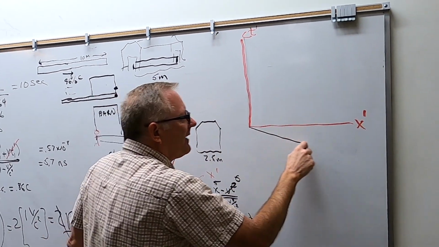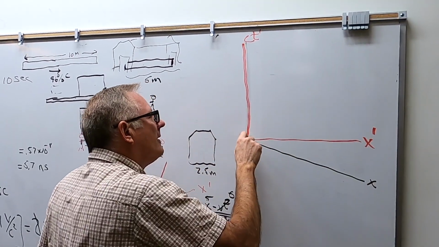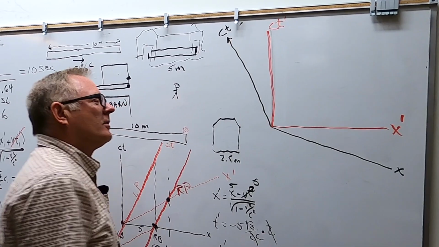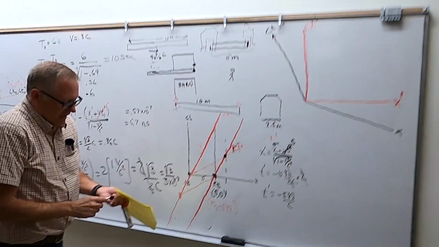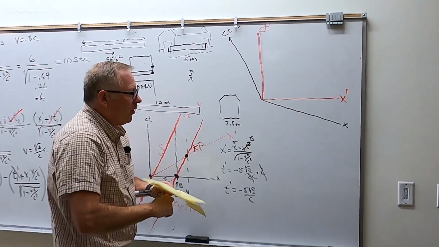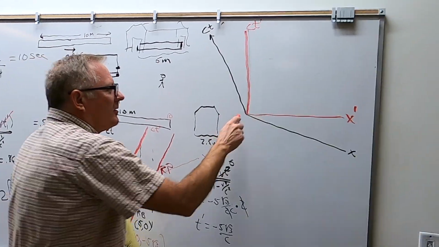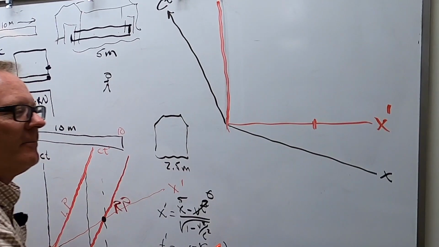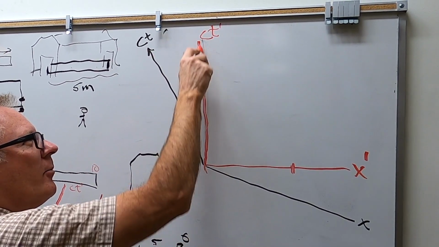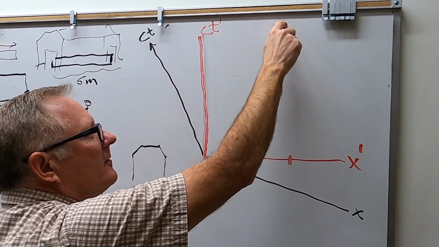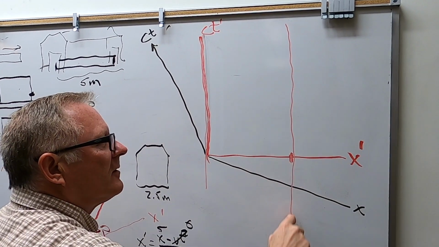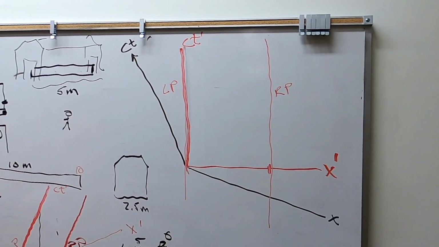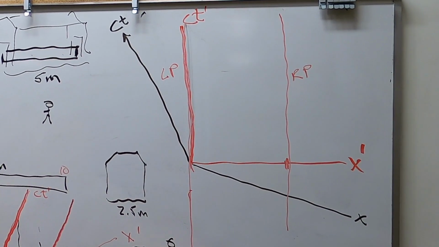So Frank's x, ct would look like this right here. And now we have the pole in Mary's frame. The pole is between here and here, and that doesn't move in Mary's frame. So this is the left end of the pole. This is the right end of the pole. So this is right pole, left pole. It's like that right here.